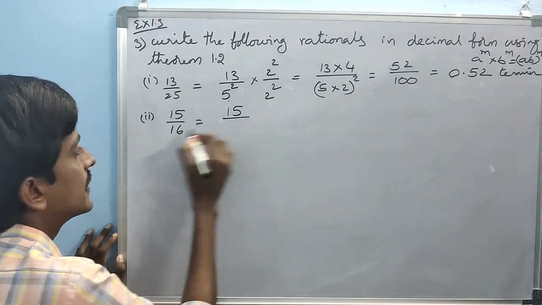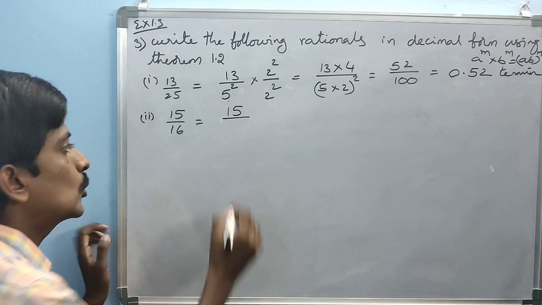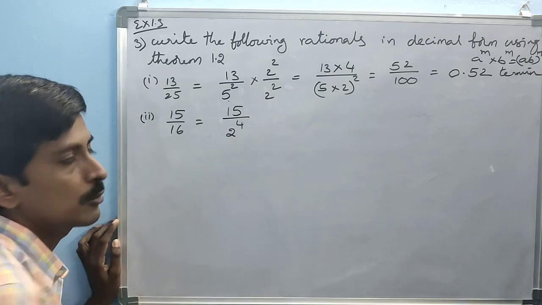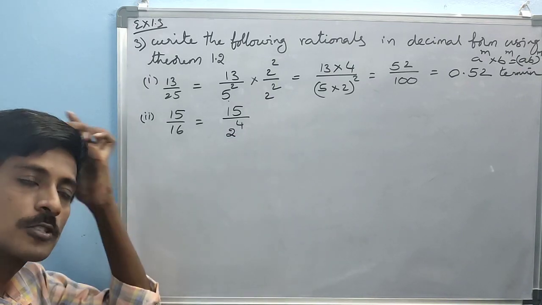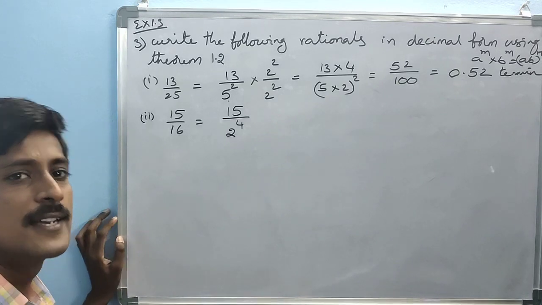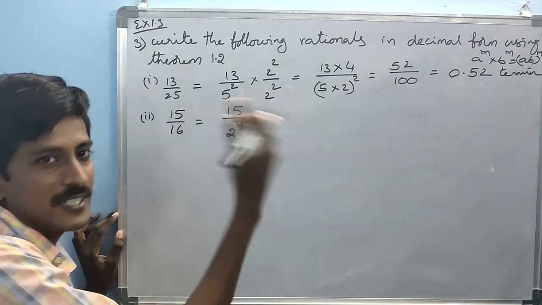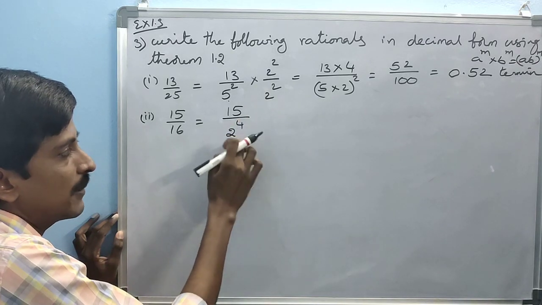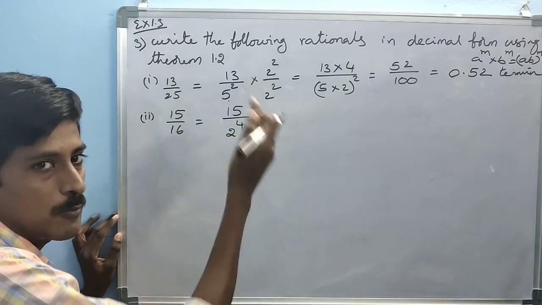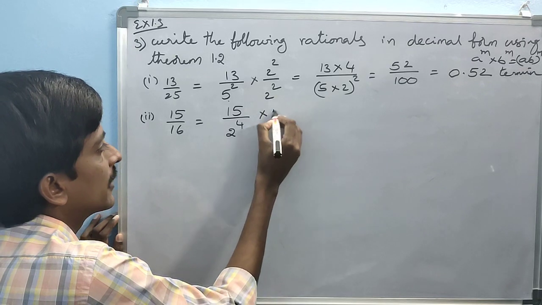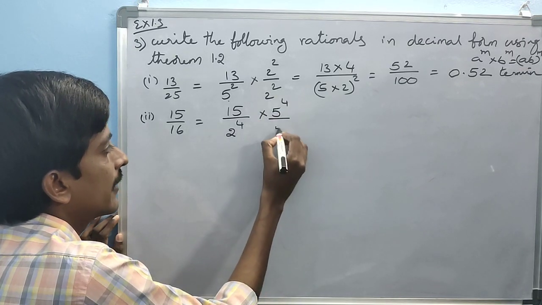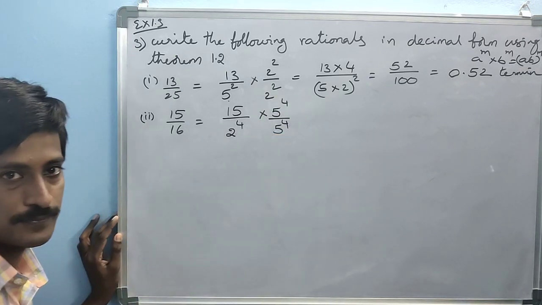And 15 by 16. 16 can be written as 2 to the power of 4: 2 into 2 into 2 into 2. 2 2s are 4, 4 2s are 8, 8 2s are 16. So 2 to the power of 4. Another one is 5, 5 power something. What is the highest power of 2? 4. So multiply both numerator and denominator with 5 power 4 by 5 power 4.